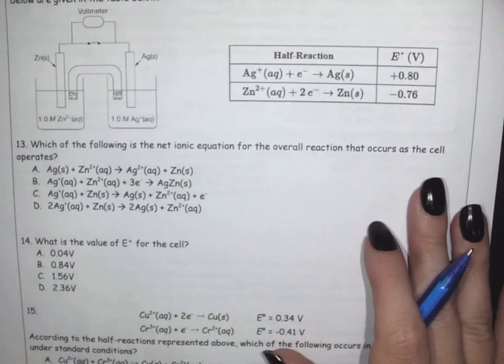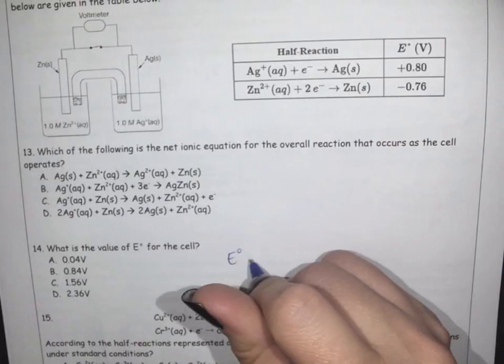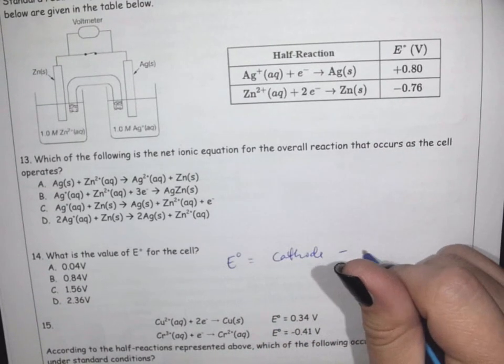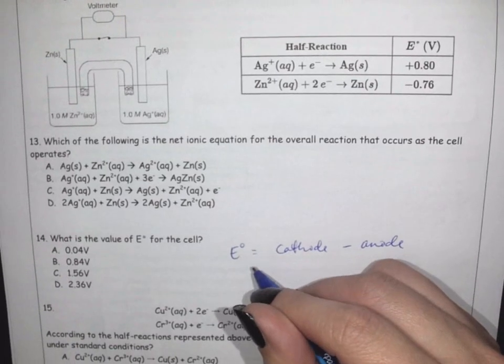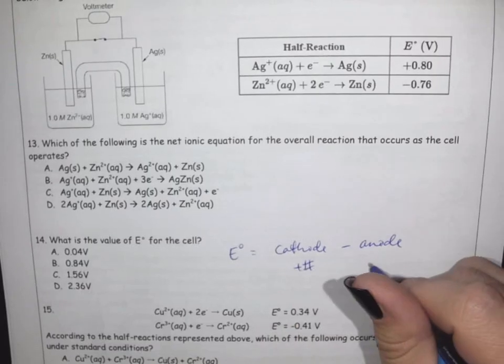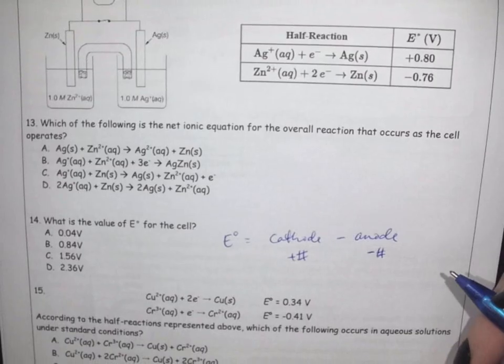Now, reminder, if I'm solving for this E cell, it's the cathode minus the anode. And to get the most positive number, I would want the most positive number for the cathode and minus from the most negative number for the anode.